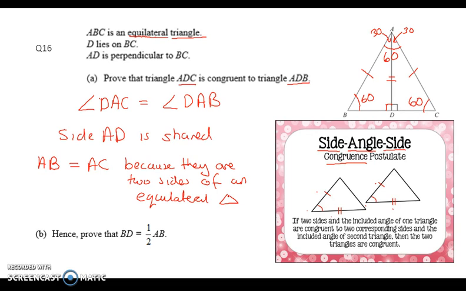Okay, so then what did we just prove? Well, we proved that they were congruent by what method? And we have to say side, angle, side, SAS. Okay, hope that was helpful.